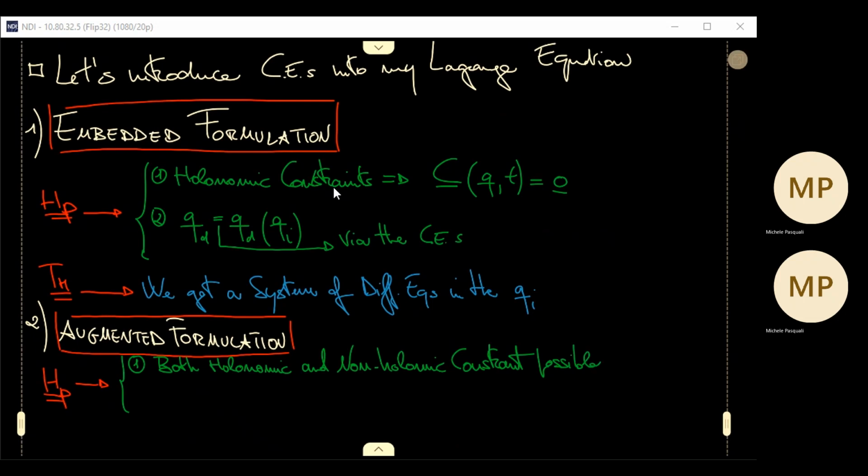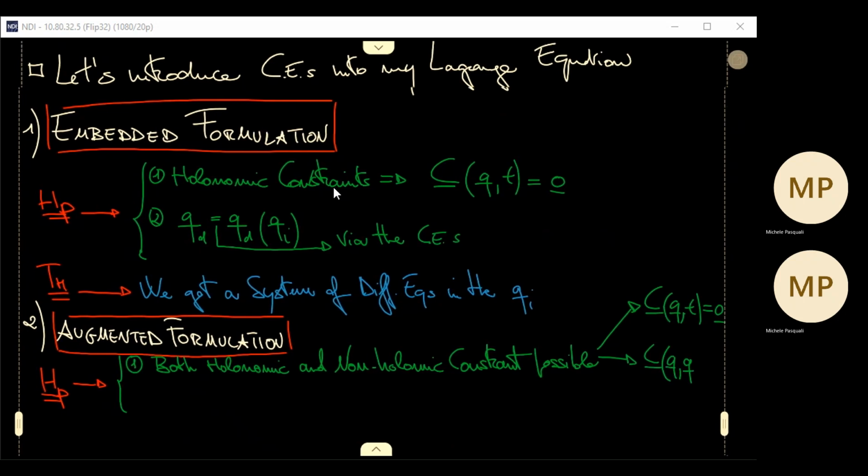And we know that this means basically that they can have either this form, as we have just written, or this form.